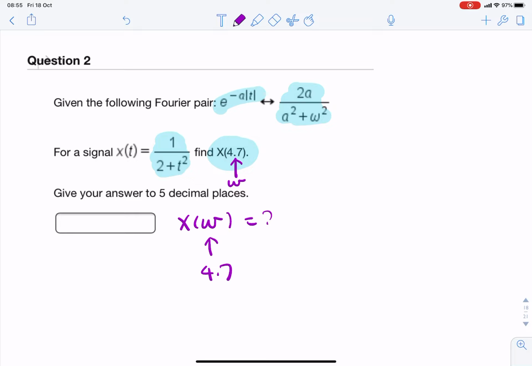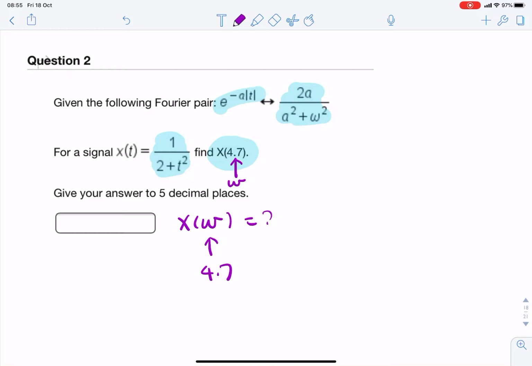That's the question. So clearly, we'll need to use the duality property of the Fourier transform to rewrite this. So we want to know what the equivalent frequency domain representation would be for 1 divided by 2 plus t squared.